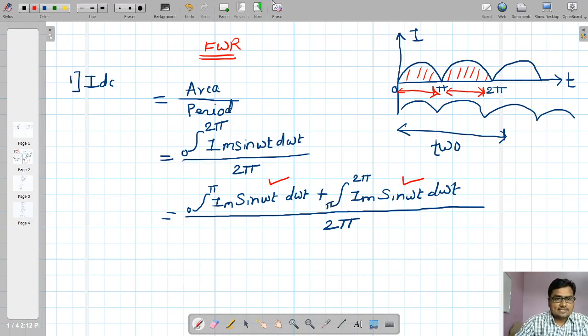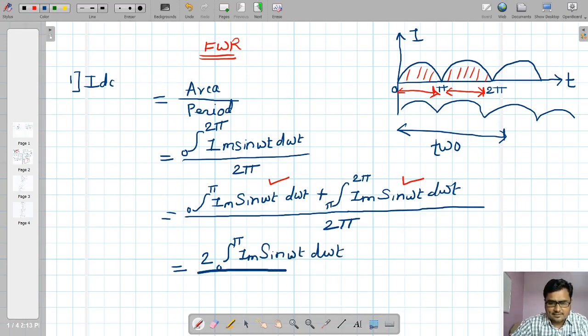So instead of writing these two separate equations, I will write twice the integration from 0 to pi of Im sin omega t d omega t, divided by 2 pi. I'm just simplifying things.